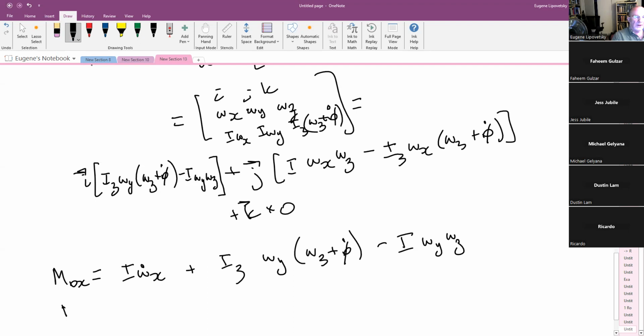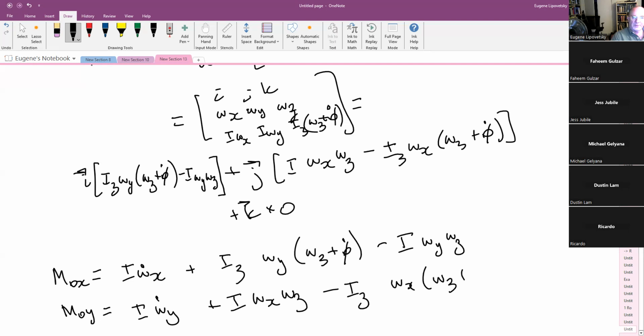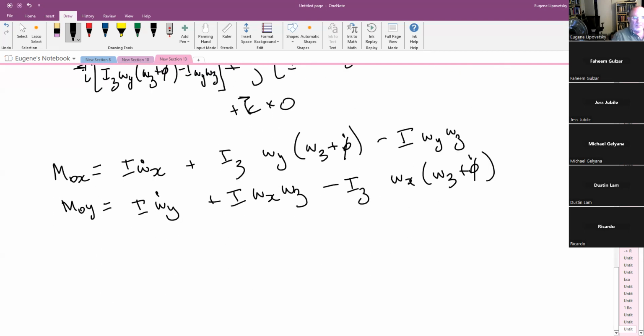Then we have MOY equals to I omega y dot plus I omega x omega z minus Iz omega x omega z plus phi dot. And we have MOZ equals to Iz times omega z dot plus phi double dot. Right?